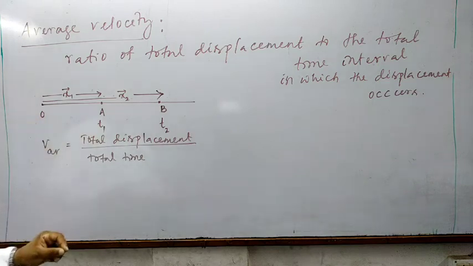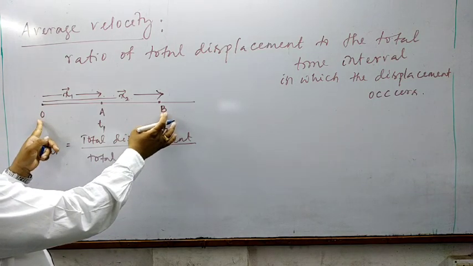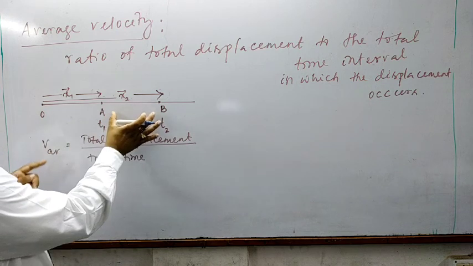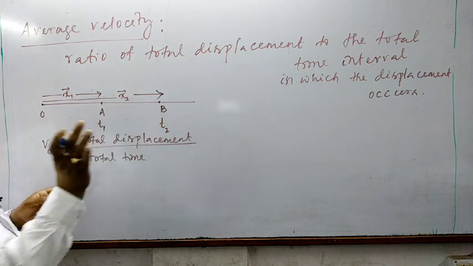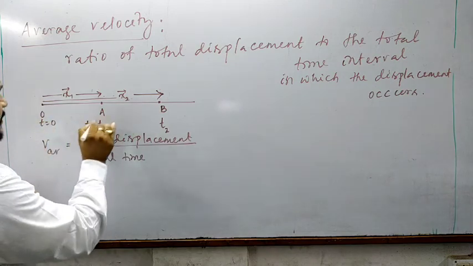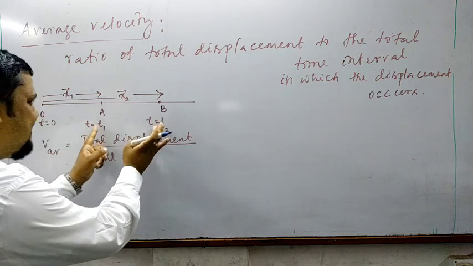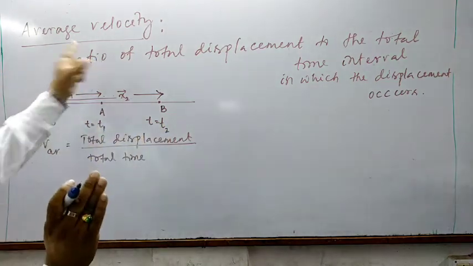So what is the total displacement? From O to B the total displacement is x2, from O to A it is x1. So in this time interval AB, suppose t is equal to 0, here t is equal to t1, here t is equal to t2. In this time interval I am finding the average velocity.